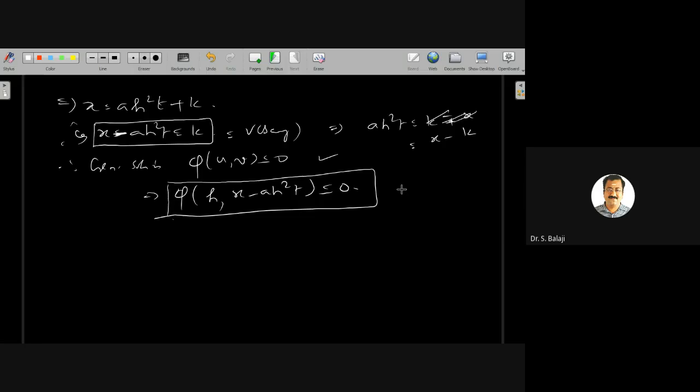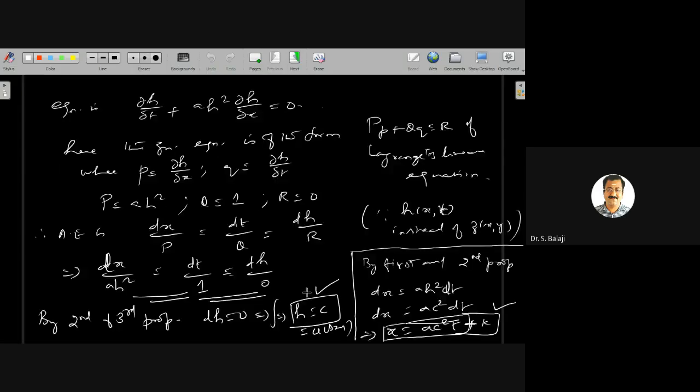Here you see h of x comma t is equal to c, and h of x comma 0 is also unaltered here. Therefore, you can take the same value here.